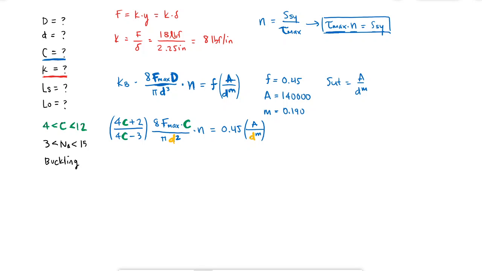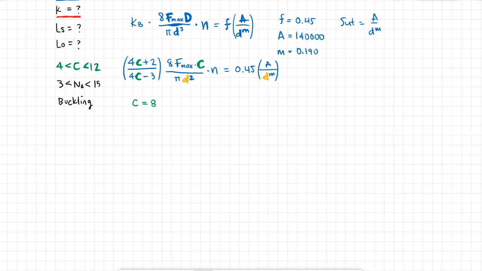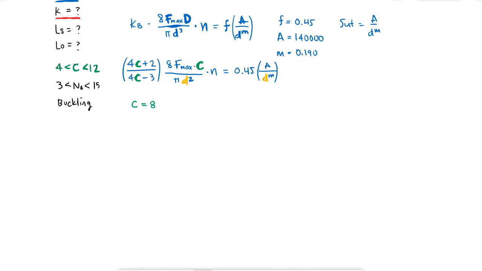So I'm going to assume that C is equal to 8. Why? Because it's right in the middle between 4 and 12. Okay, and I'm going to solve the problem using C equals 8, sorry. And I'm going to solve for d from that previous equation. So it would be basically the same, (4C plus 2) over (4C minus 3), 8 F max C times N over pi.